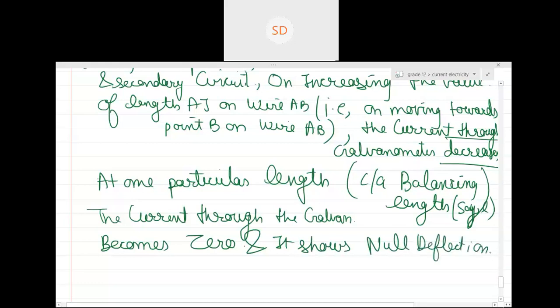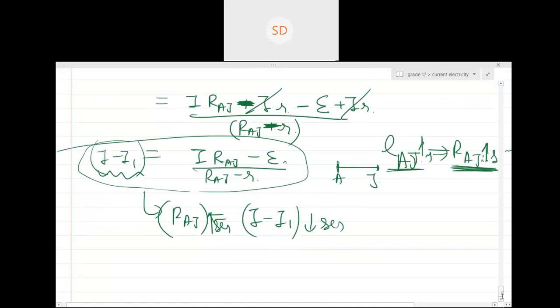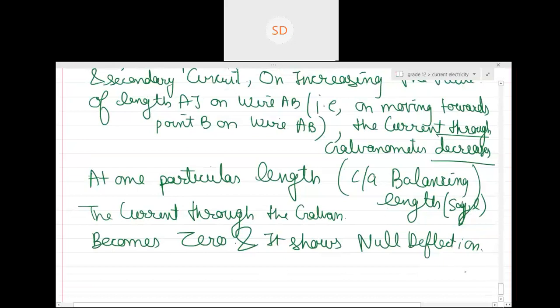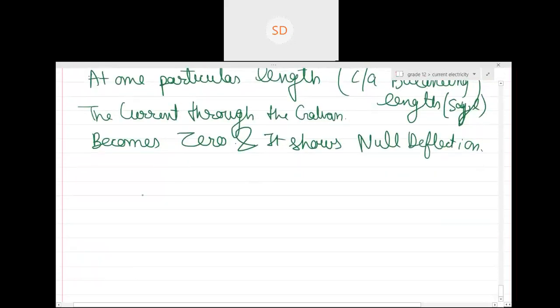So that length is basically the null deflection length. Okay.